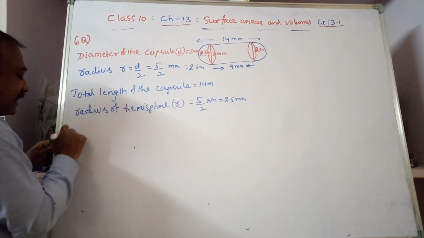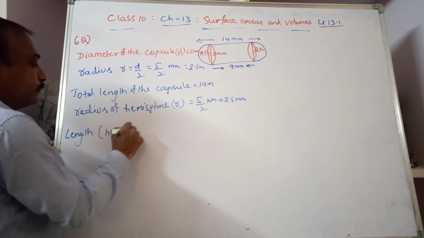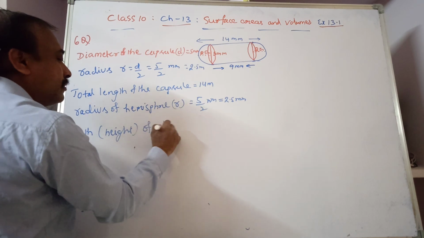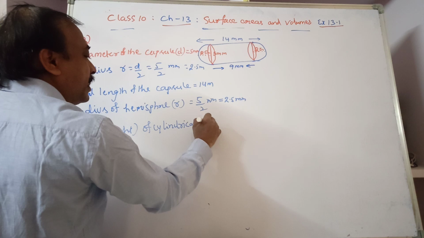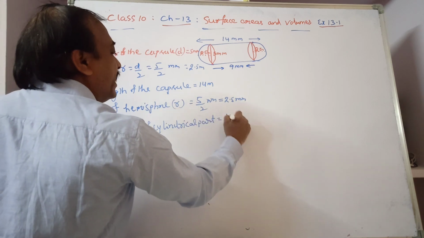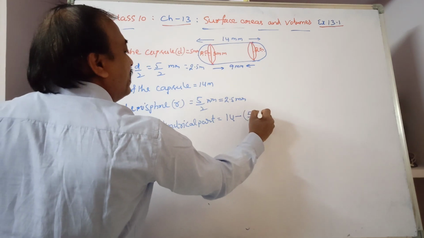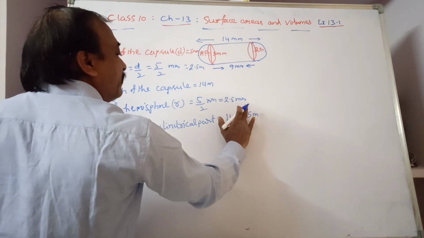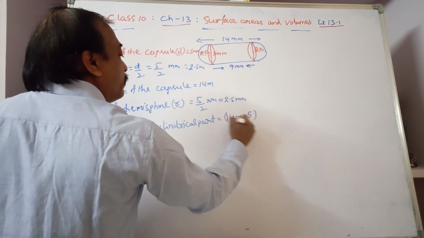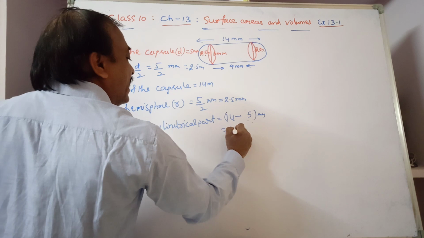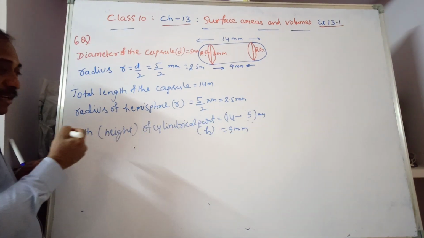So the height of the cylindrical part is equal to 14 minus 2.5 plus 2.5. 2.5 plus 2.5 is 5 millimeters. 14 minus 5 is equal to 9 millimeters. This is H, the length of the cylindrical part.